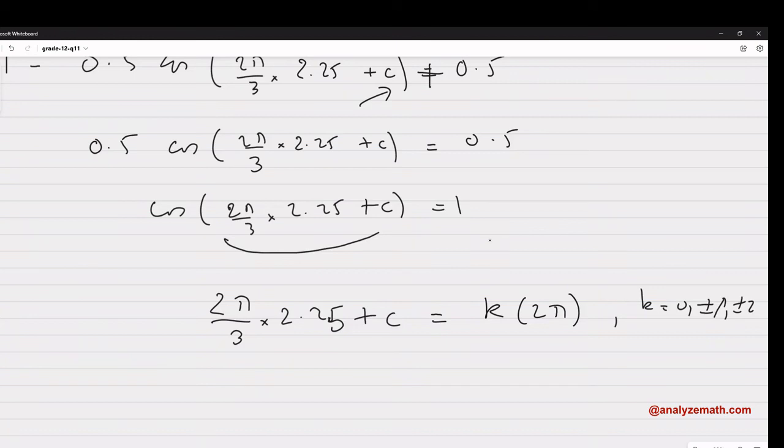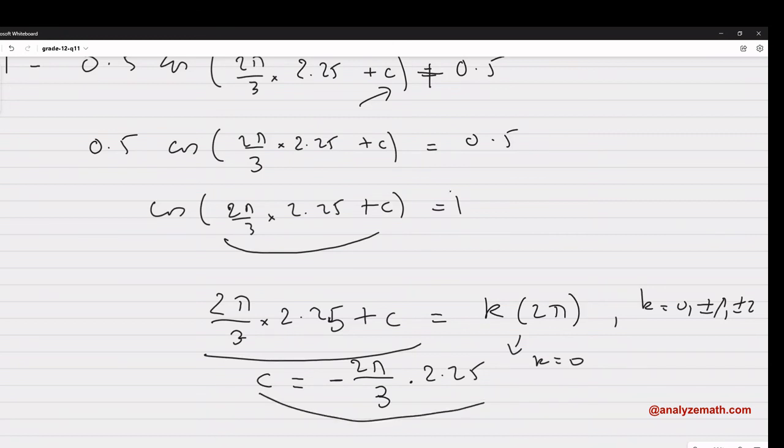Now here in this problem they are not asking, they're not putting any conditions, so I'm going to take k equal to 0. That will give me c, so k equal to 0. That means c equal minus 2 pi over 3 multiplied by 2.25. So we are solving this equal to 0, and then it will give you this.